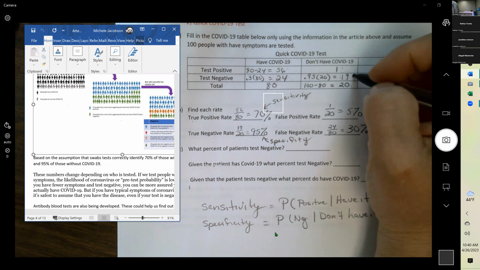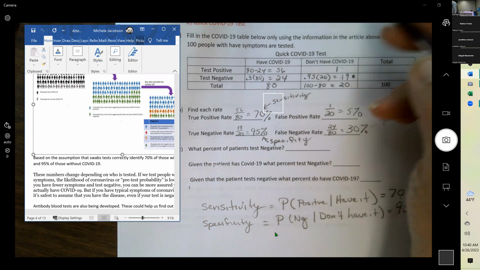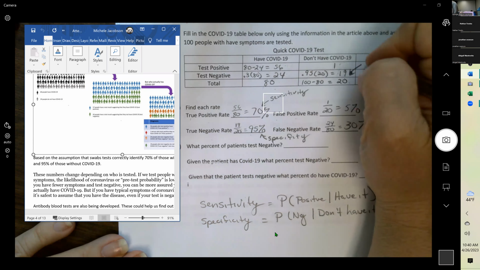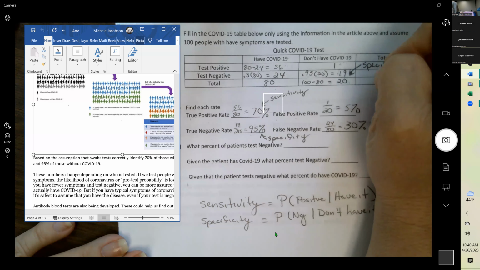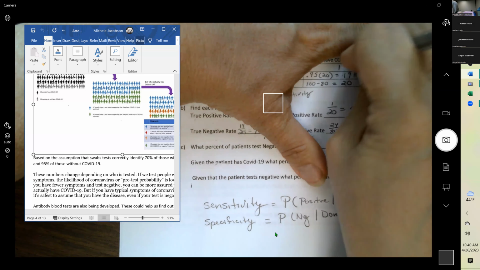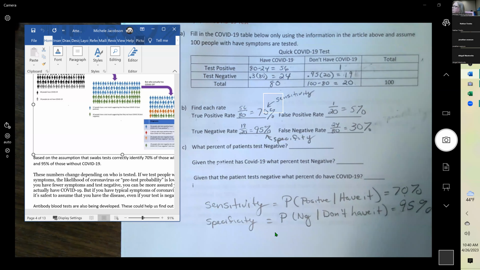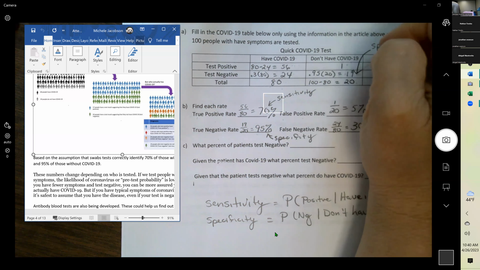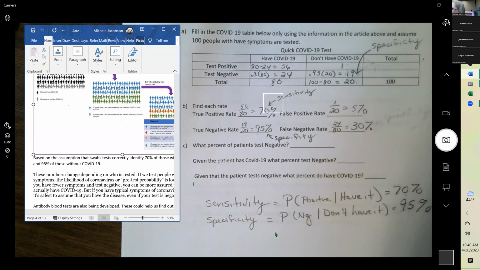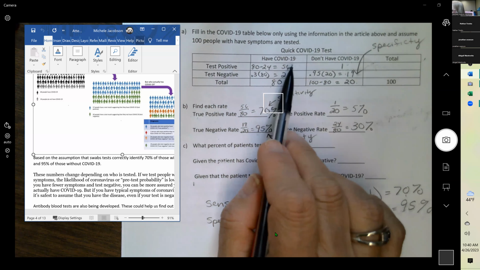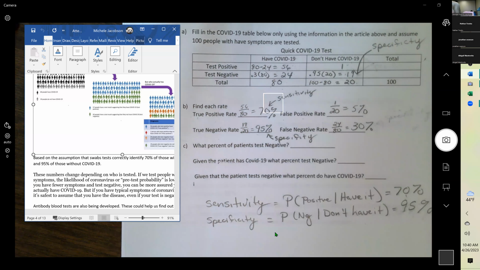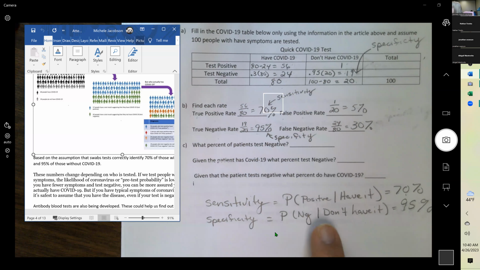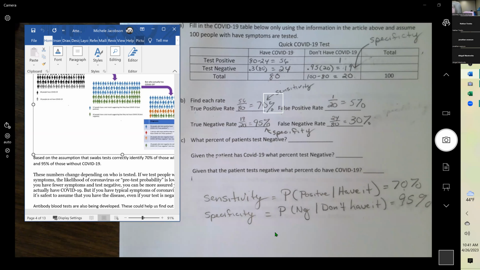It's here and here. So this one. And this one is sensitivity. Negative, and you don't have. Any questions on that?